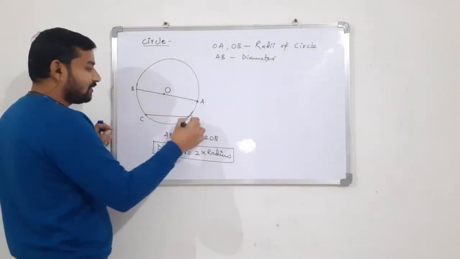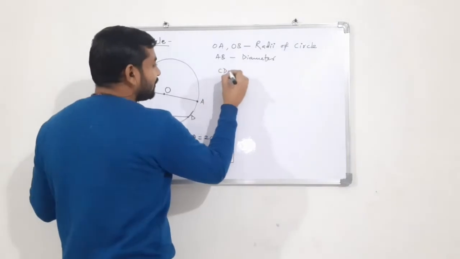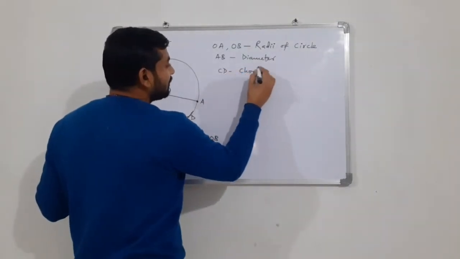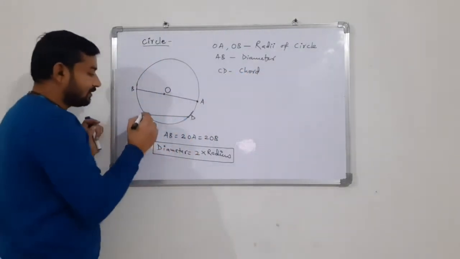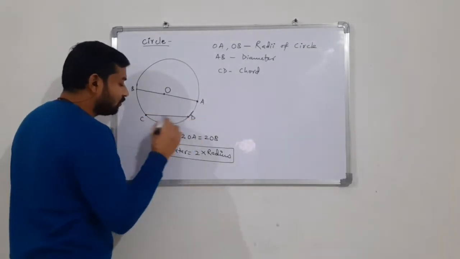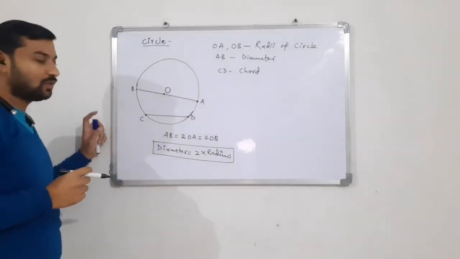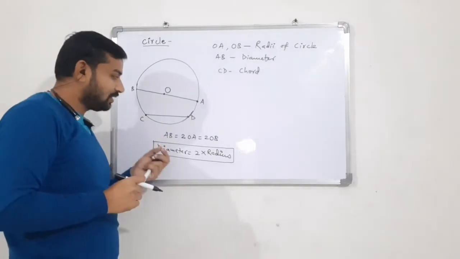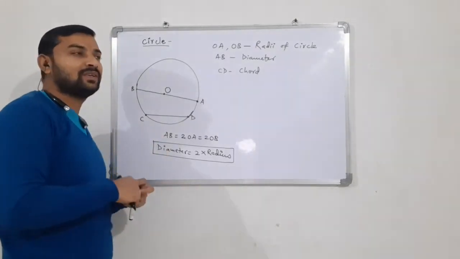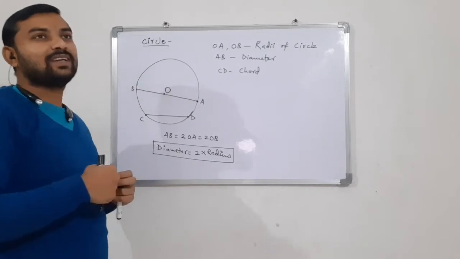This, if we call CD, this CD line segment here is called chord of the circle, and this chord is a line segment joining any 2 points on the circumference. Chord is a line segment joining any 2 points on the circumference which are not very near to each other.